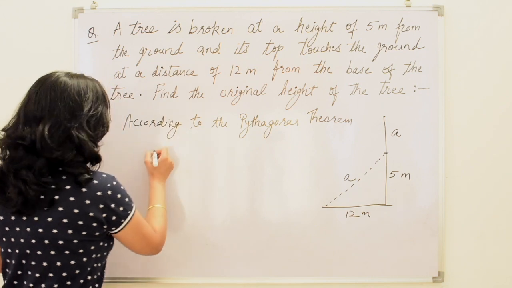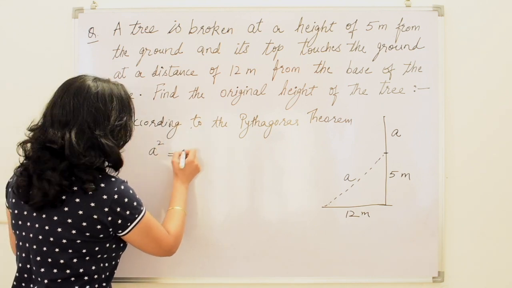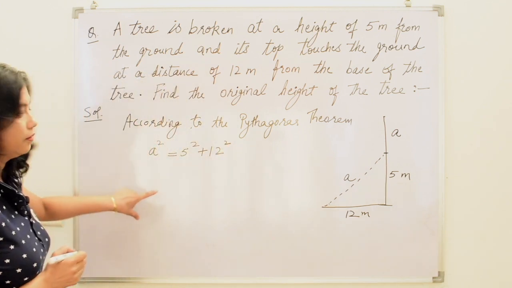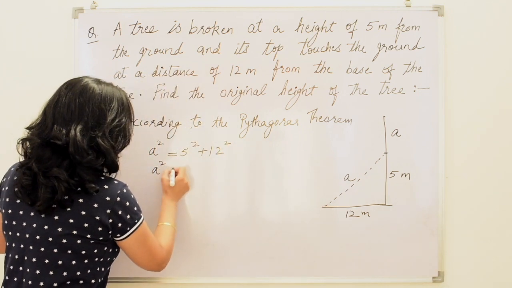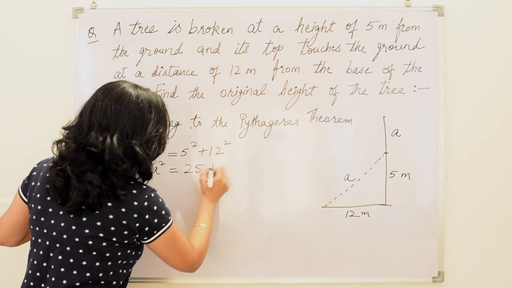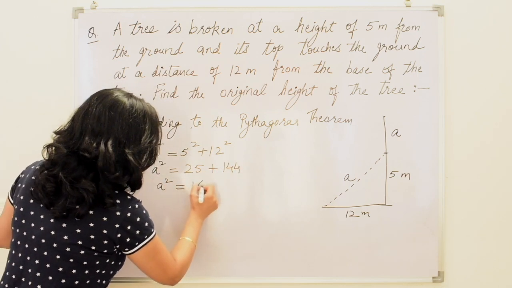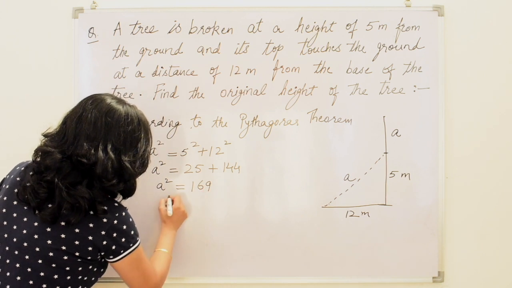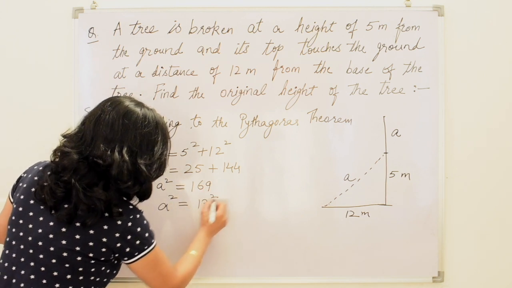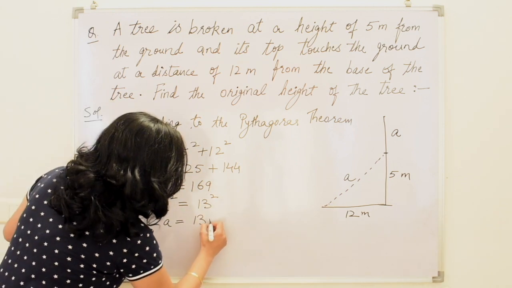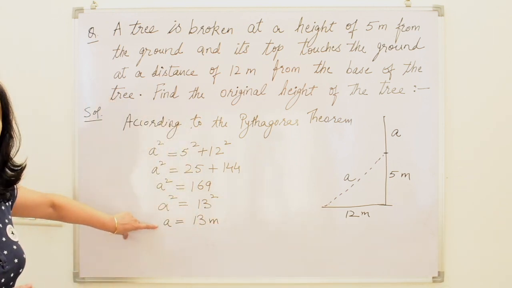A. So A square is equal to 5 square plus 12 square. 25 plus 144. A square is equal to 169 is equal to 13 square. So A will be 13. The unit is meters. Now we have got the value of A.